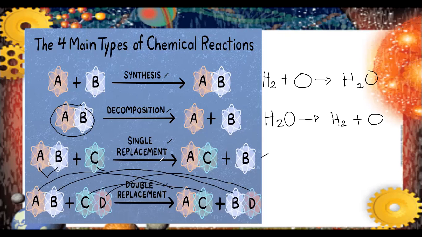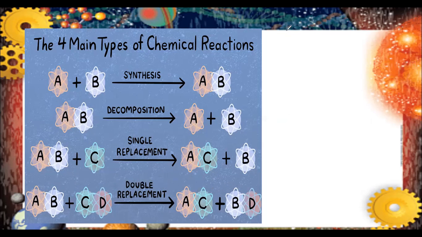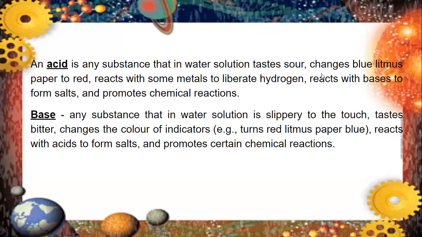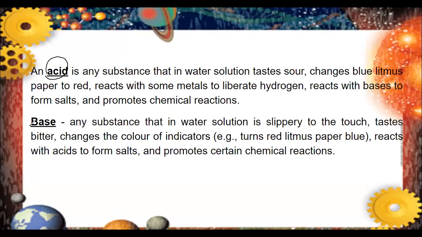So those are po the four main types of chemical reactions. Now, let us proceed with acid and base. We are going to differentiate the two. So we have the acid here and the base.